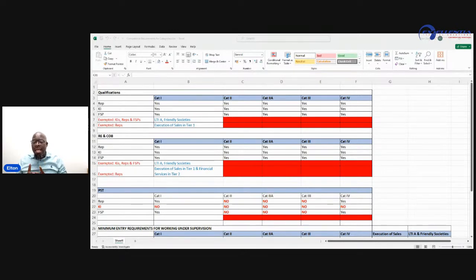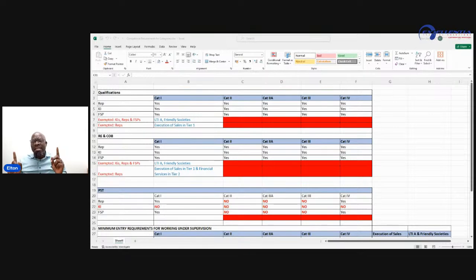So what we mean here by execution of sales, as I move to RE and class of business, is a type of intermediary service where the representative does not give advice, but they only render a special type of intermediary service where they implement the instructions of the client without necessarily giving advice.